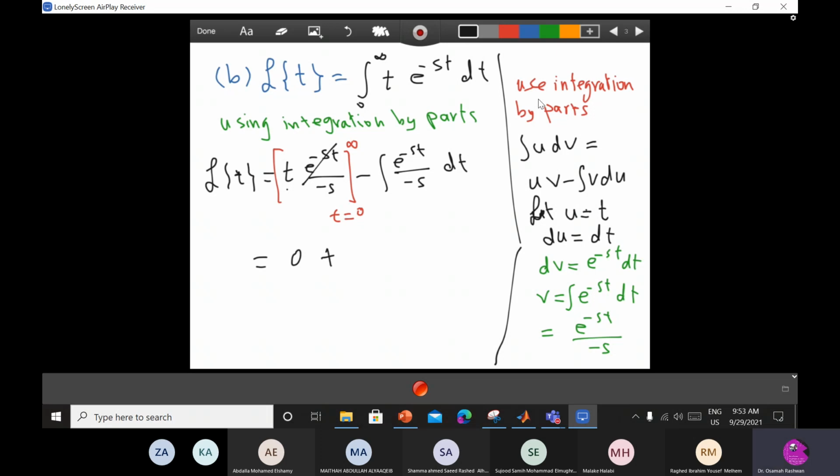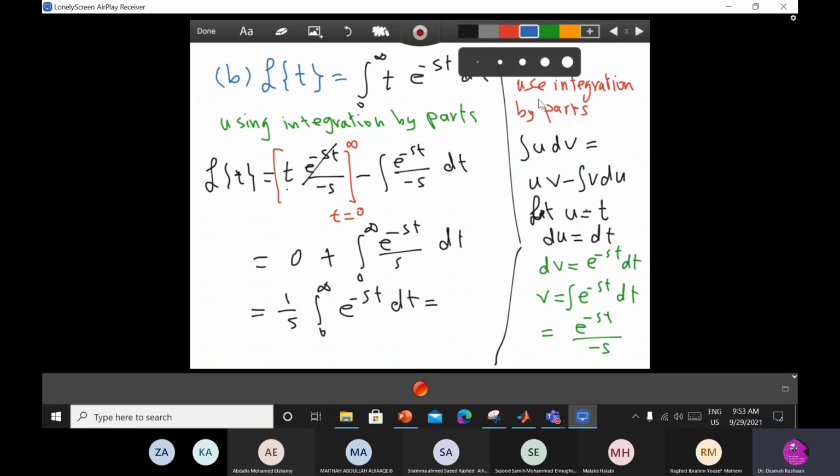Minus will be plus the integration of e to the minus st over s dt from 0 to infinity. Now the 1 over s goes outside, because it is constant, and the integration from 0 to infinity of e to the minus st dt is e to the minus st over minus s, from t equal to 0 to infinity.